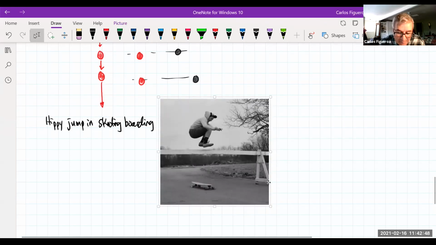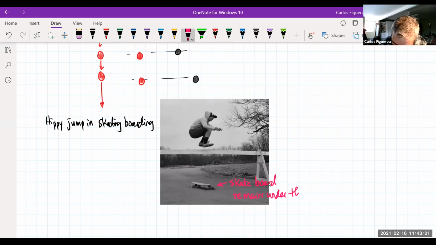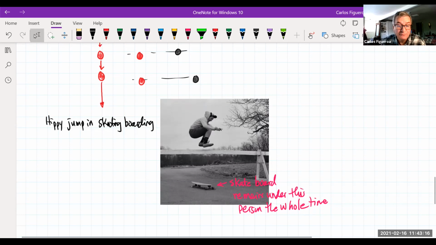And what's amazing about this is that the skateboard remains under this person the whole time, even though the jumper, the skateboarder, actually has a different motion, right?